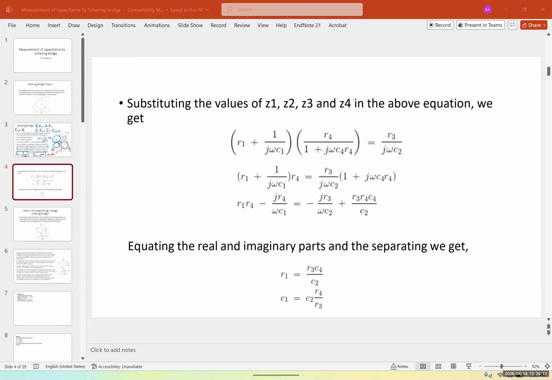And when we put R4 and C4 in parallel, you have to find them in parallel. The first one, they were in series, so we just add them. The second one, since they are parallel, it's going to be 1 over Z, I'm sorry, 1 over ZR plus 1 over ZC, which gives us R4 over 1 plus j omega C4 R4, which is going to be equal to R3 j omega C2 over j omega C2.